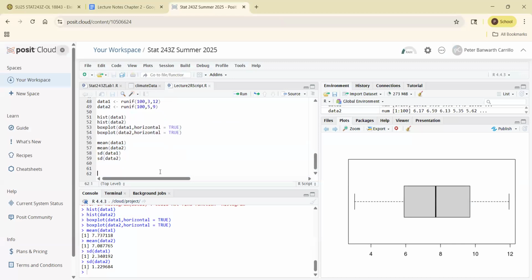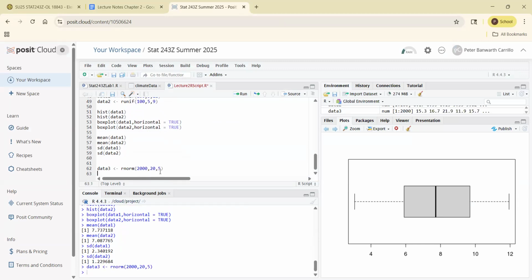I'm going to come up with another data set, call it data 3. Give it plenty of observations. All right, looking for extreme observations.